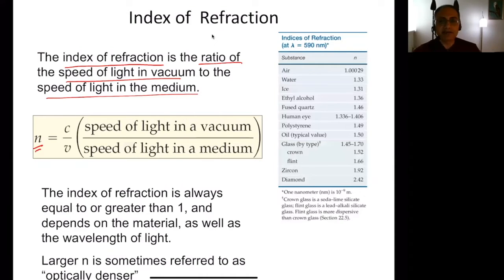So n is called the index of refraction. And n does not just depend on the material. It also depends on the wavelength or the frequency of the light that's propagating through that medium, right?